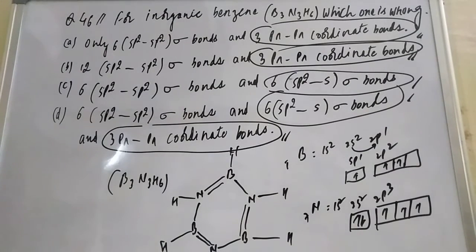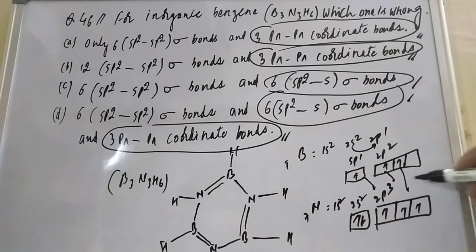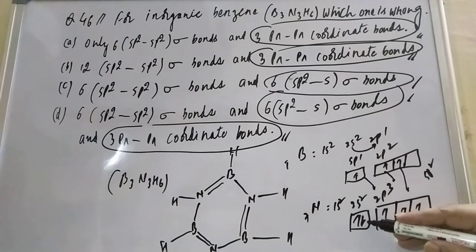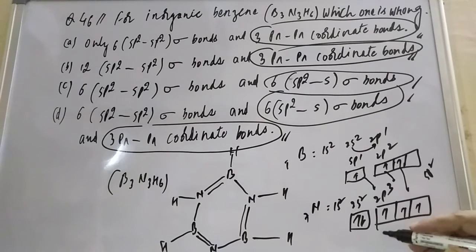They will do the sharing, sharing 3 unpaired electrons, so it will give sp2. In the excited state, the p orbital will be paired up in the case of nitrogen. So this is also sp2. So both nitrogen and boron are going to sp2.